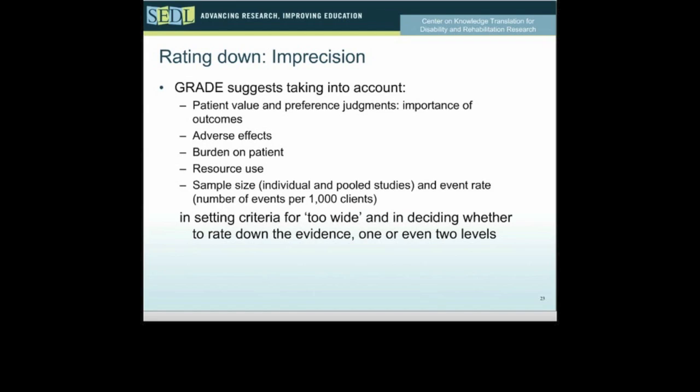I will not go into detail with respect to event rates, but essentially is a particular negative effect observed in 1 of 100 patients or 1 of 1,000 patients, and statistically, even with the same confidence interval, you may have some different decisions to make.